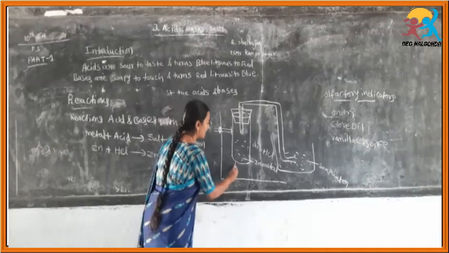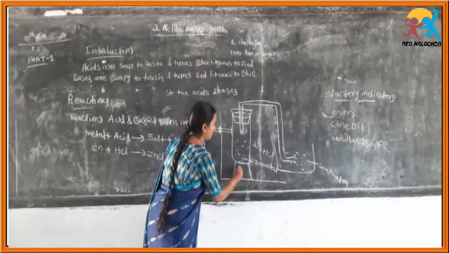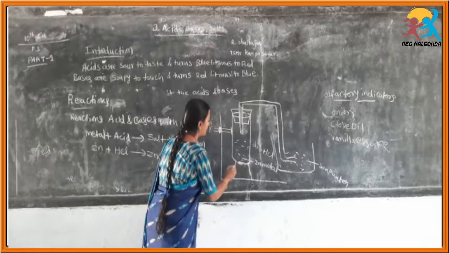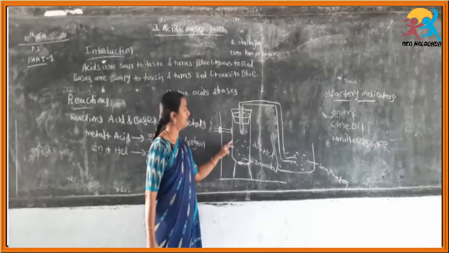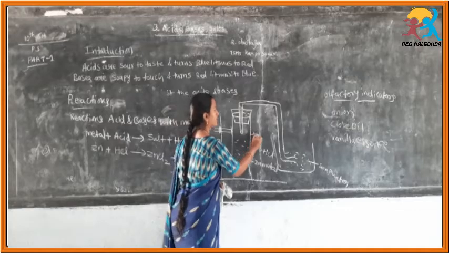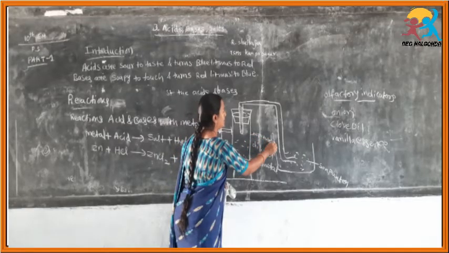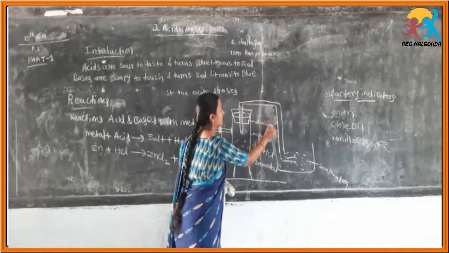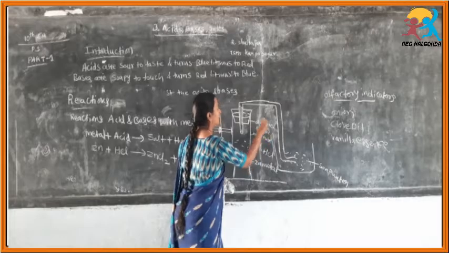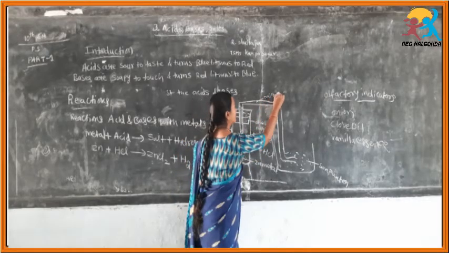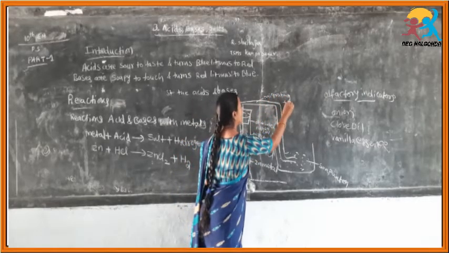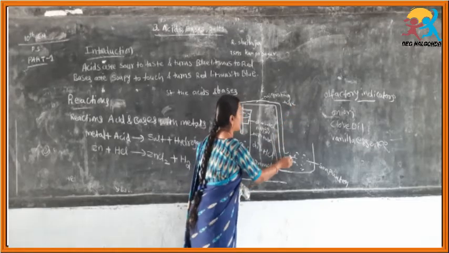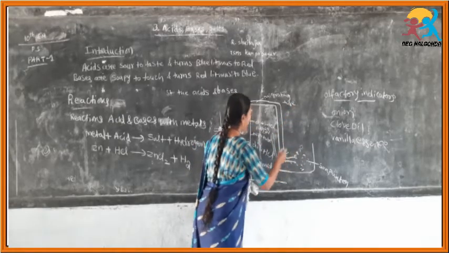So first here you keep a stand. Here it is the test tube, it is the one-hole rubber cork, it is the delivery tube.